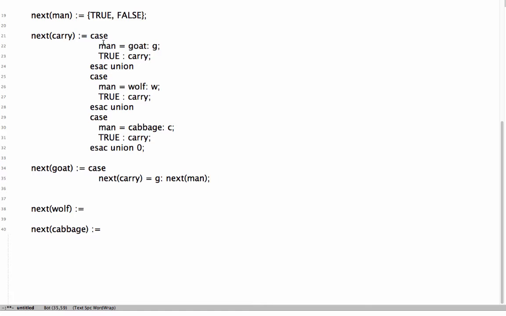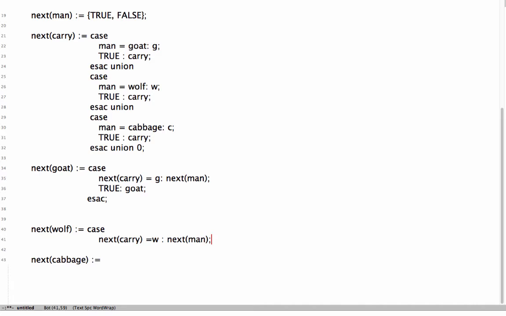Okay, I will explain it in this case. You can listen again. Here we finish off by saying TRUE goat. Case, if the next value of wolf, if the next value of carry is the wolf, then the value changes to wherever man goes next.